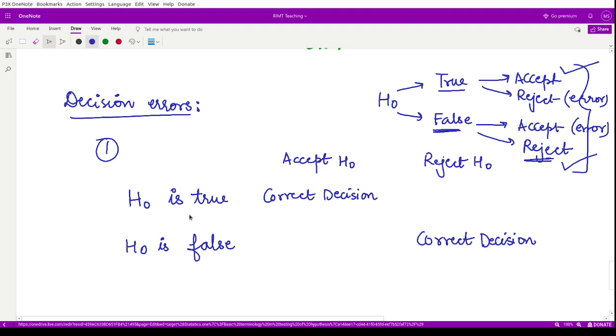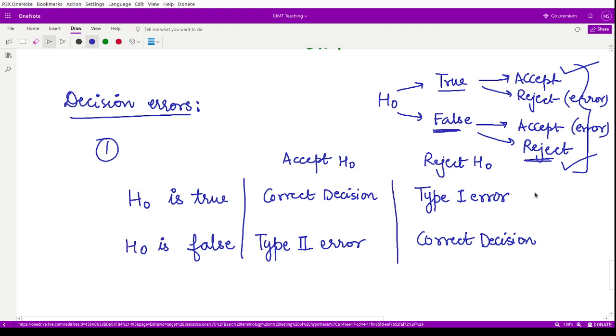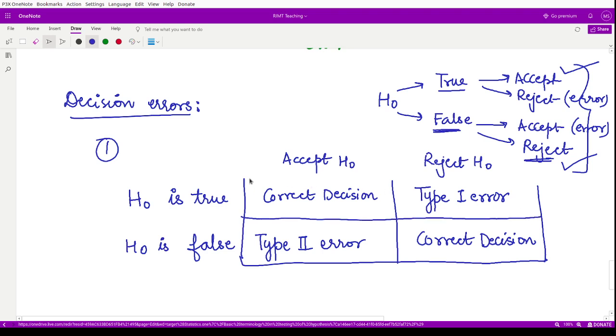However, if your hypothesis is true and you reject it, we call that a type 1 error. And if your hypothesis is false and you accept it, then you are making a type 2 error, right? So that is also a concept here. These could be the errors that you obtain using statistics, because you actually do not know whether your hypothesis is true or false. These decisions we are making on the basis of our calculations, right?